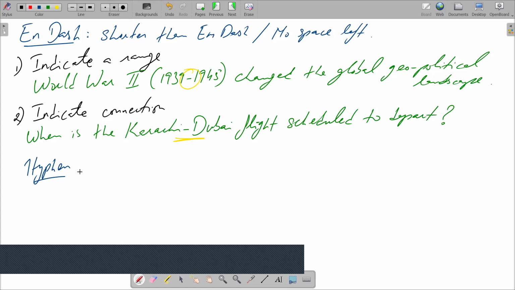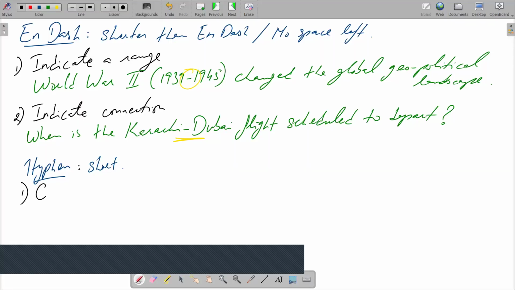Okay, so the hyphen is short, so it's shorter than, right, even the en dash, the one we just did, right, and it is used with compound nouns, compound adjectives, and compound numbers, right? So it's used with compound nouns. What are those?